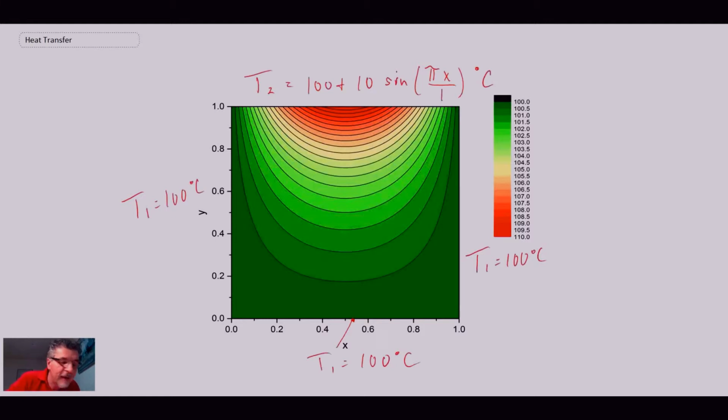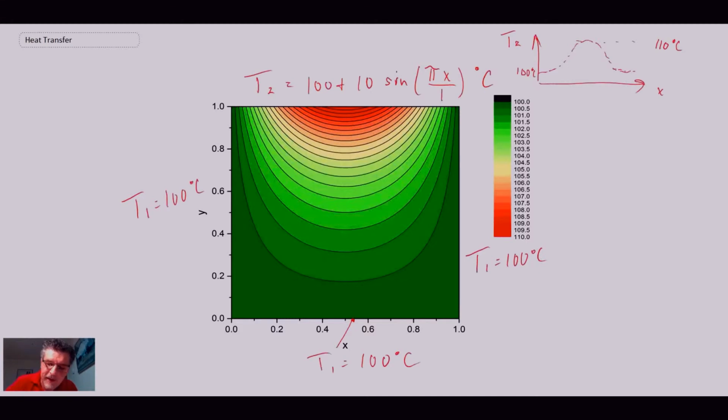That was the profile, and if you recall, we had something like this. That was our sine wave distribution, and we go from 100 degrees C up to 110. When we look at the contour plot, it looks quite nice.